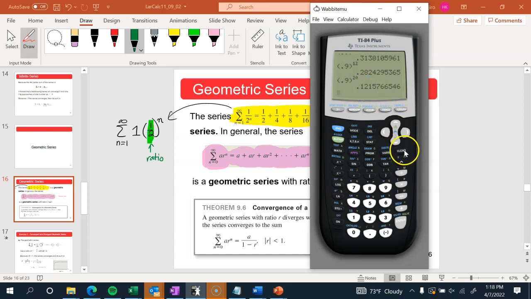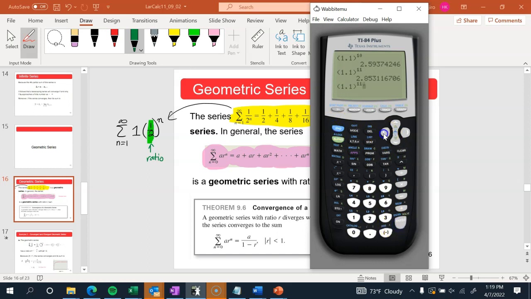Whereas if we start with a ratio that's greater than 1, and we exponentiate that, taking something that's greater than 1 and putting it to a power will obviously cause it to increase as opposed to decrease. So let's start with the 10th power. That's already 2.6, and if we take it to an even higher power, it's 2.8.